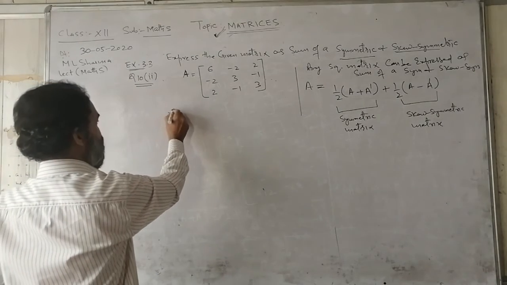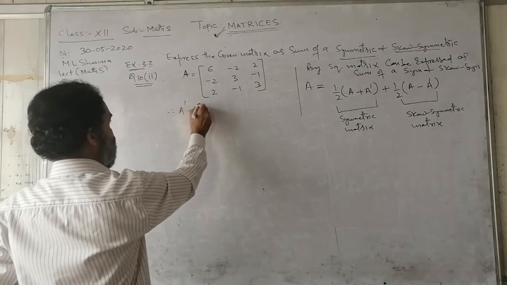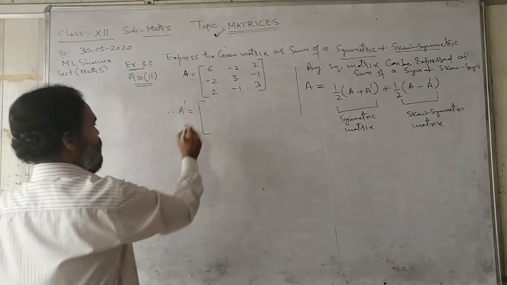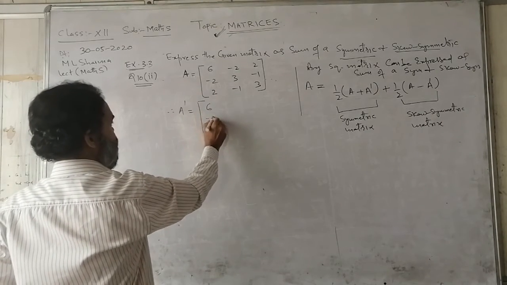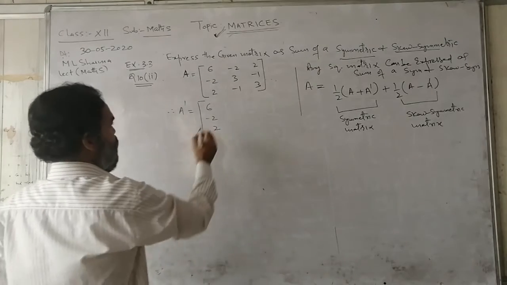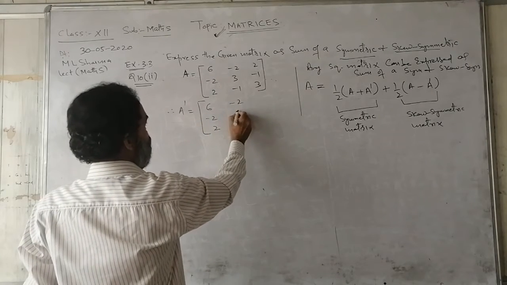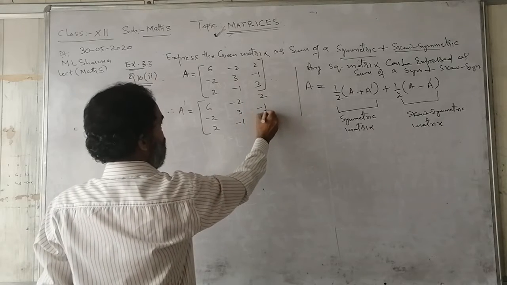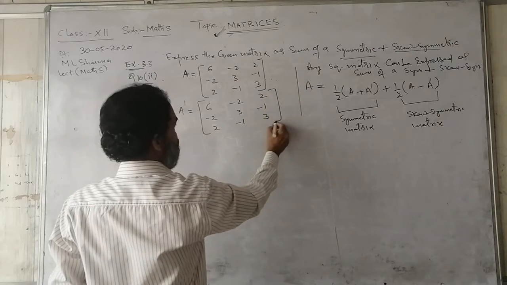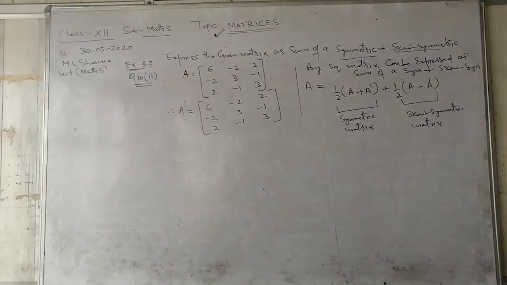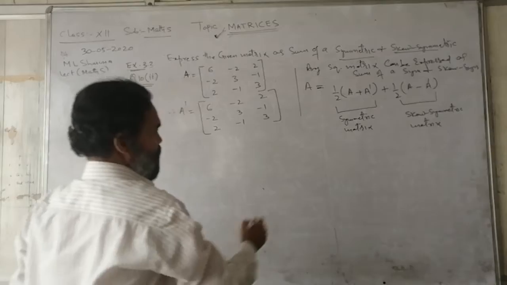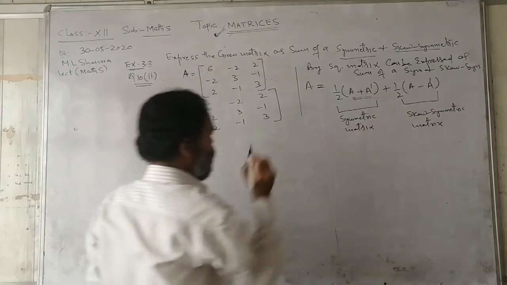So therefore A transpose will equal to, changing row into column, 6, -2, 2, then 2, 3, -1, 2, -1 and 3. So this is A transpose. Now A plus A transpose I have to find.